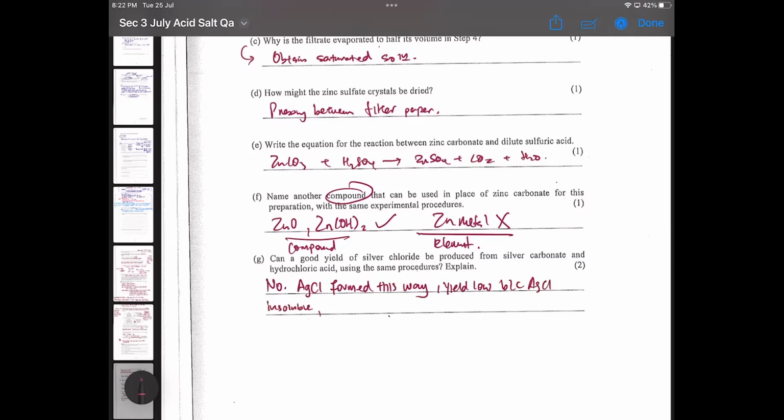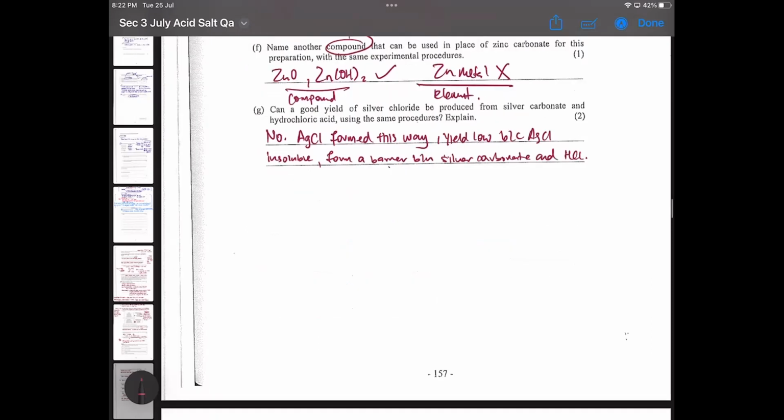I'll give you the answer first, then we do the explanation. Insoluble, and it forms a barrier between the silver carbonate and the HCl.